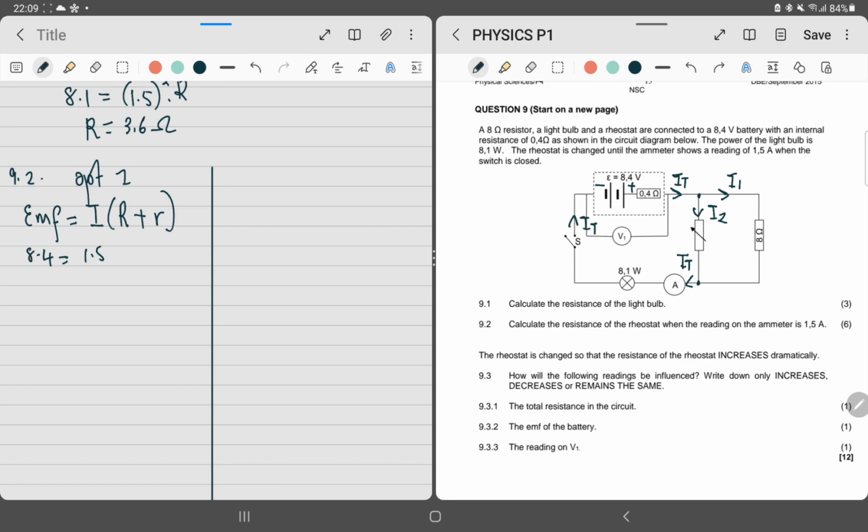The current is 1.5. That's what we are trying to find. 0.4. So R external should be equal to, I am getting 5.2 ohms.